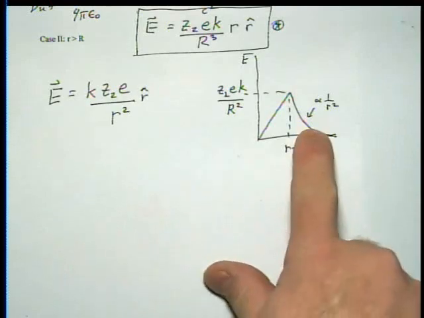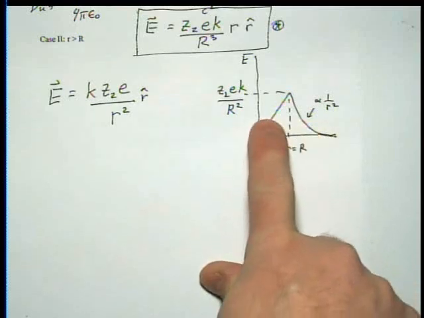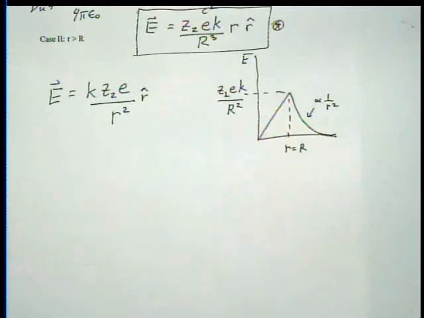Because when I'm further out, it would be less of an electric field and therefore less of a force. And if I was inside, it'd be less of an electric field. So I'm going to overestimate. Why do that? I avoid differential equations and I avoid a lot of calculus. And I get a very simple answer that explains why Rutherford decided to form the nucleus in his model. And I don't have to do nearly as many pages.